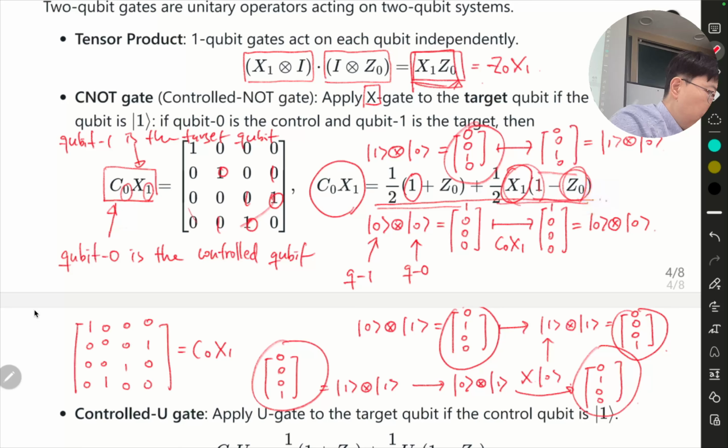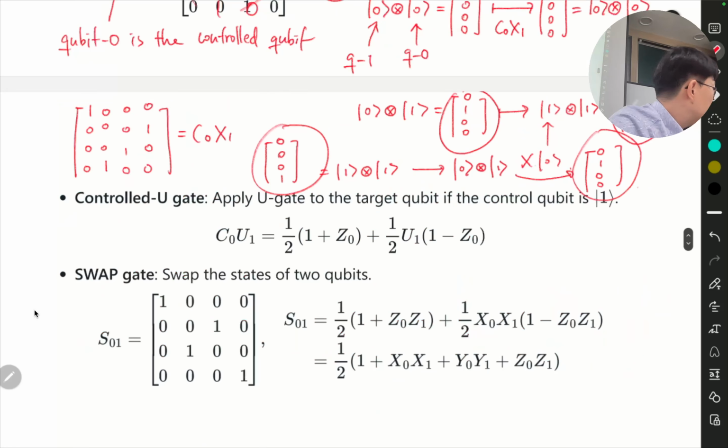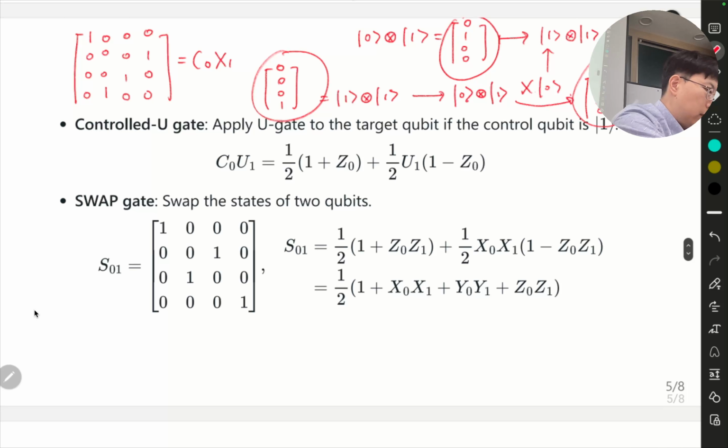So let's talk about a little bit more general form of controlled gate. Here NOT means that you're interchanging 0 and 1. That's basically the same as the classical NOT gate, right? That's why it's called controlled NOT gate. But instead of applying X according to the control state, you can apply U, which is a unitary gate, whatever that is, and define a controlled U gate.